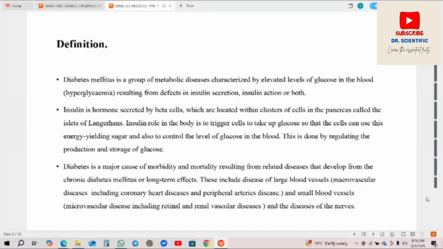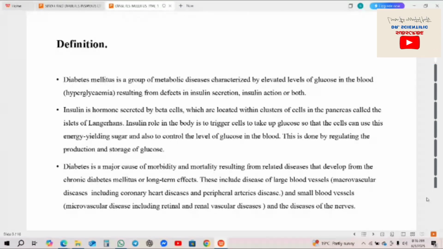This includes diseases of the large blood vessels, the macrovascular diseases, including coronary heart disease, which is a cardiovascular disease, and peripheral arterial disease. Coronary heart disease is the cause of 75% of deaths in patients suffering from diabetes mellitus.